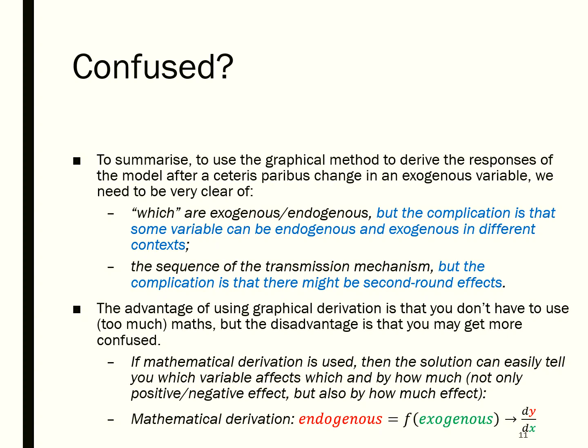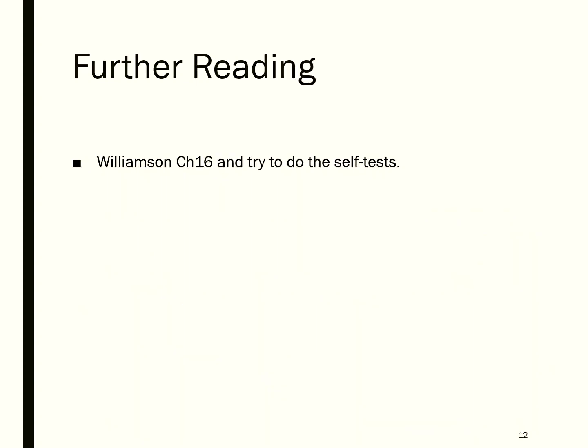You will be able to derive the solution of the endogenous variables in terms of the exogenous variables, so that you can directly and quantitatively analyze the effect of an exogenous variable X on an endogenous variable Y. But for the exam of this module, you will have to use graphical ways.